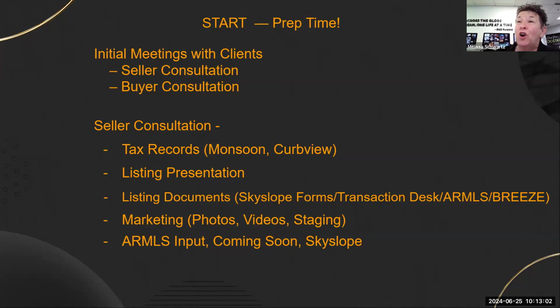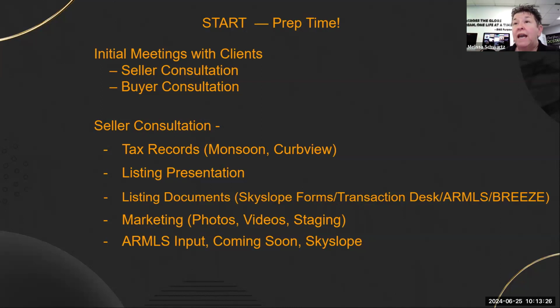If you start in ARMLS, you can copy the last listing. Now, I'd go through, because depending on how old that listing is, there are a lot of things that won't be there. I don't want you to do the input, but go through and make sure that some of the data there is accurate. And some of the basic information, like, is it an attached or detached single family home?